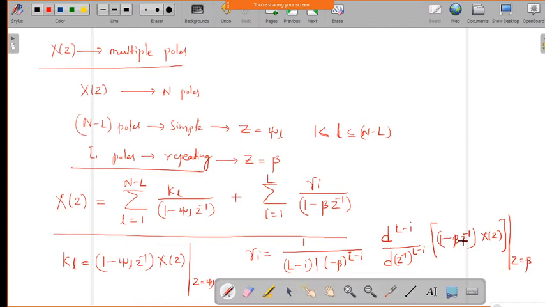This is the expression for gamma i, and using it you can find the values of gamma i.